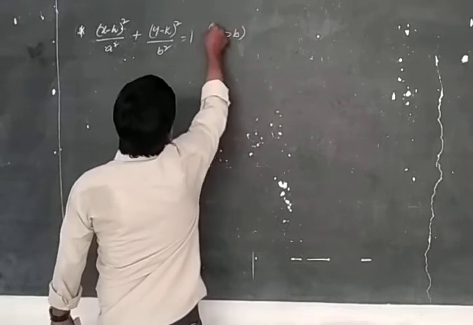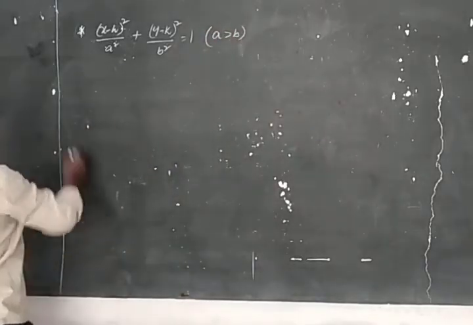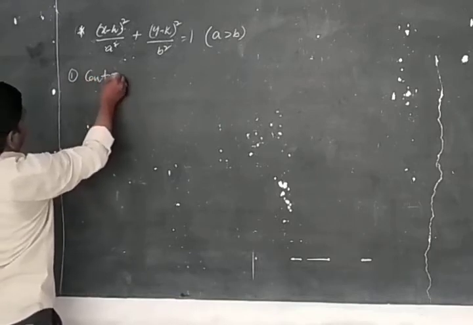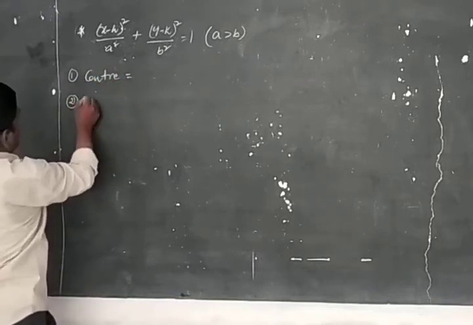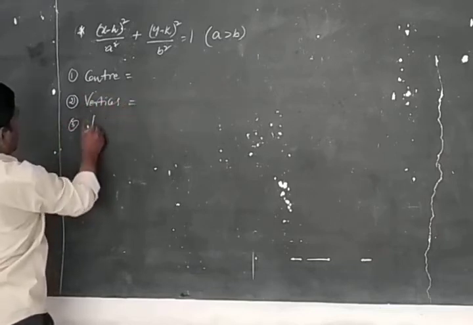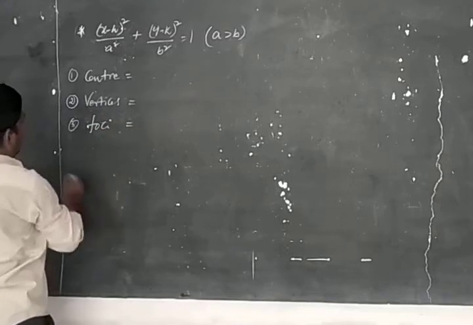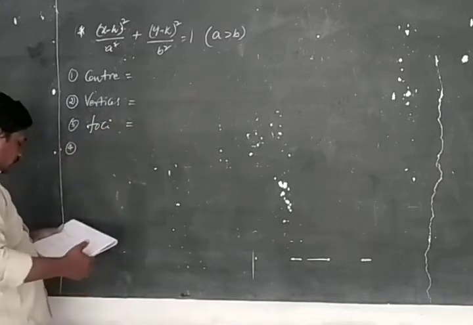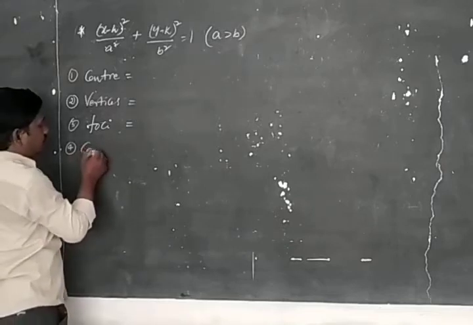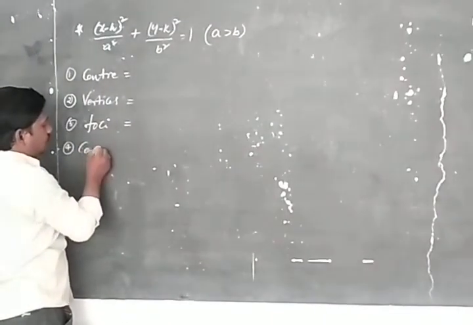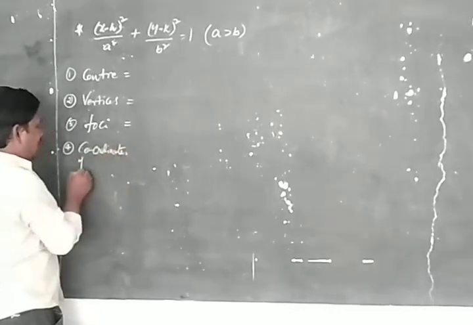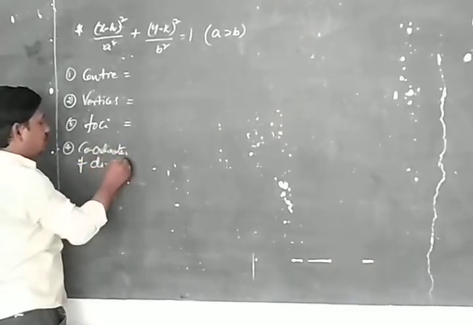So here also we have to write 10 components like center, vertices, foci, and the fourth one, coordinates of directrix.